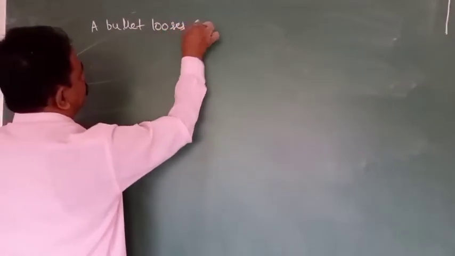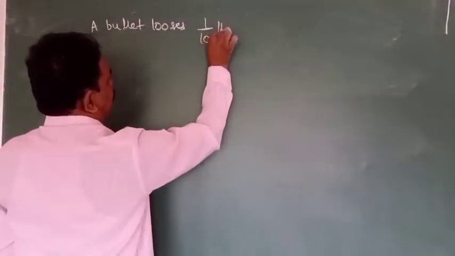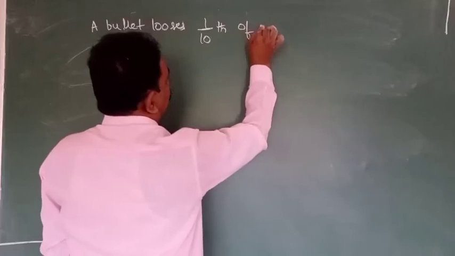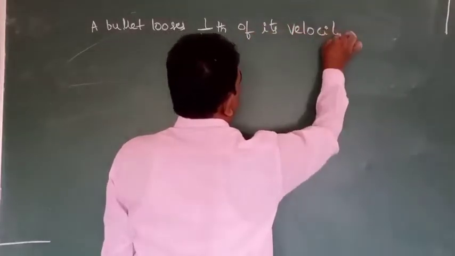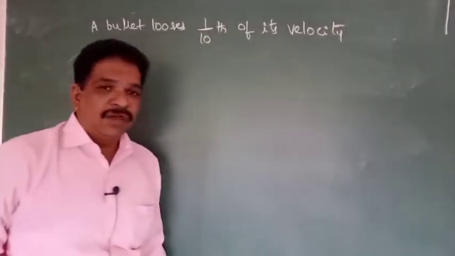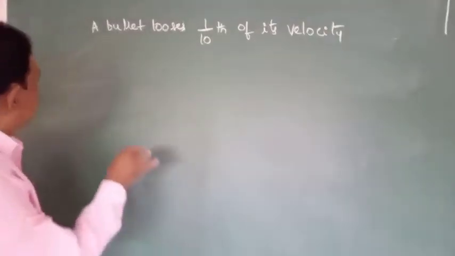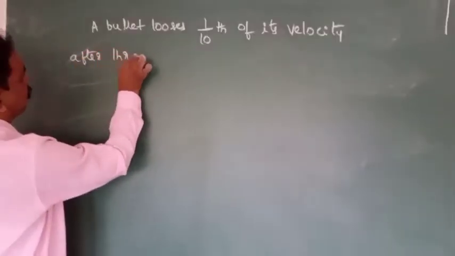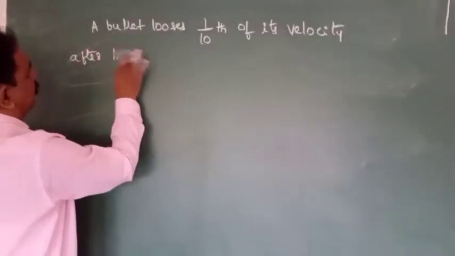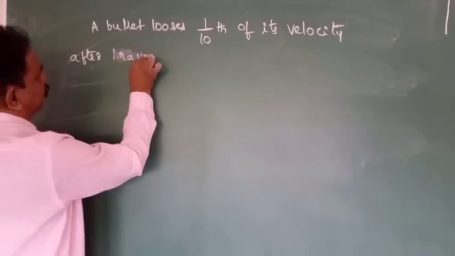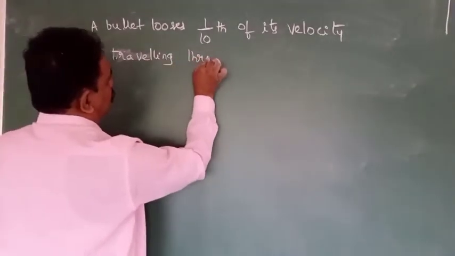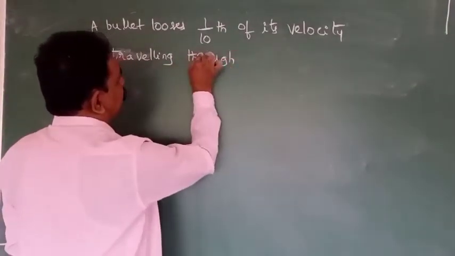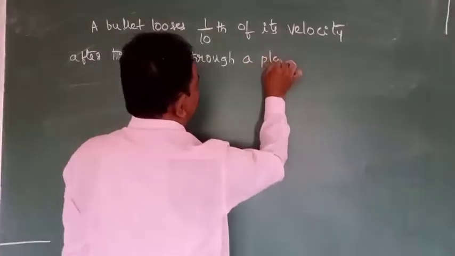A bullet loses 1/10 of its velocity after traveling through a plank.